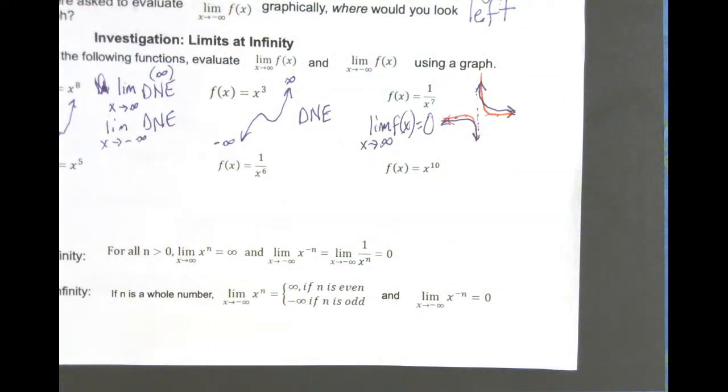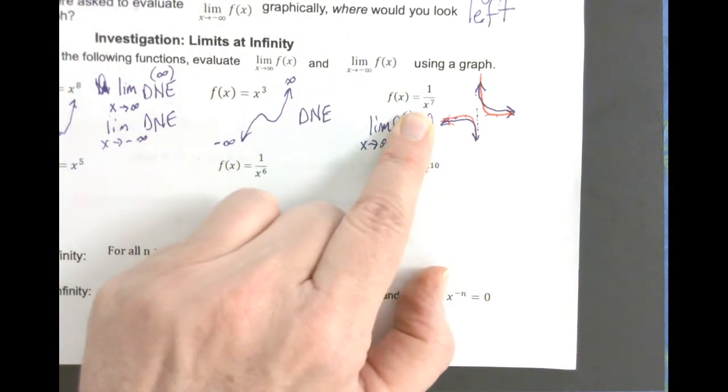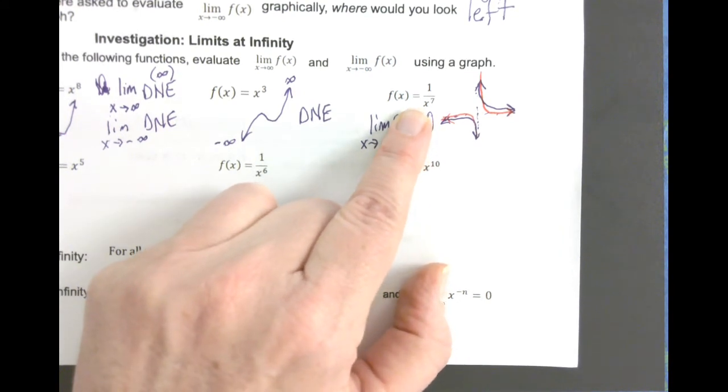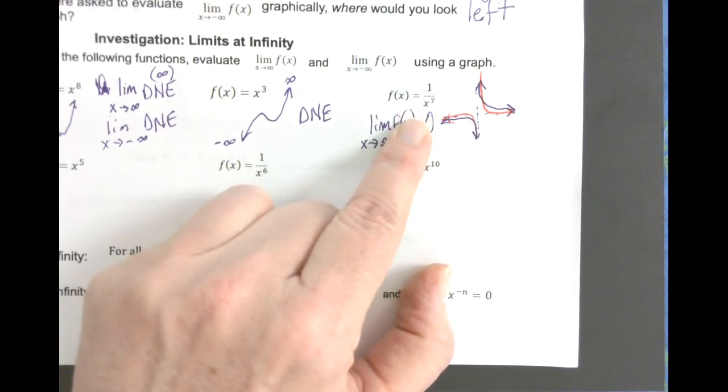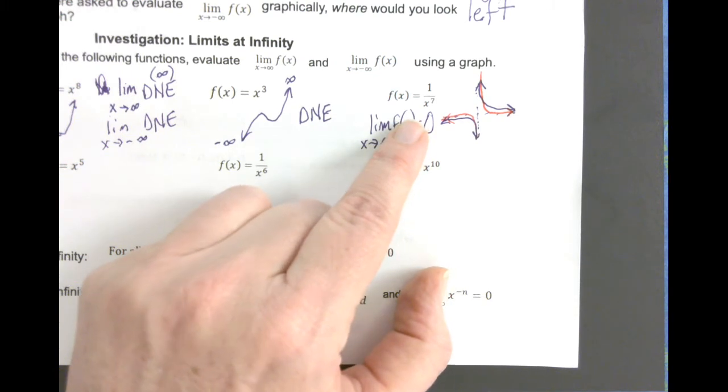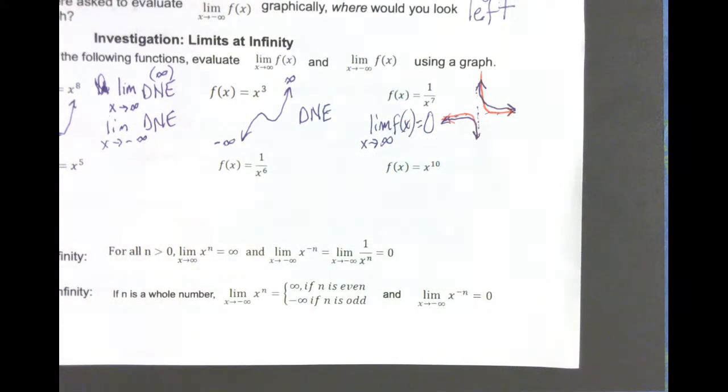It's not. Because if I go, let's plug in a big value for x, like 10. Not very big, but 10 to the 7th power is huge. So it is literally going to be 1/10,000,000th. That is going to be the value of y at that place.